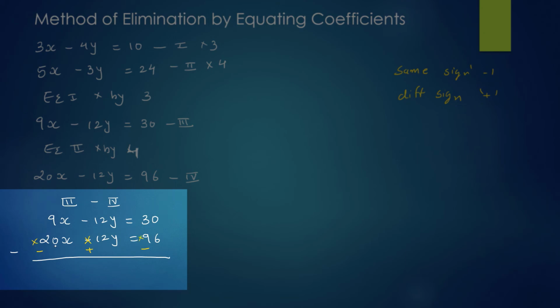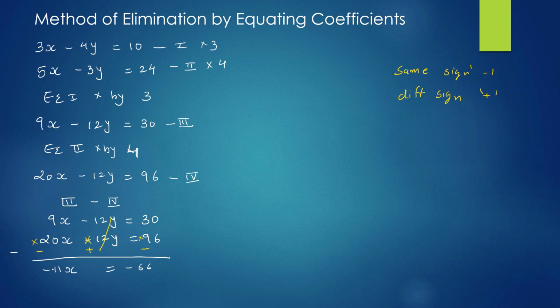While solving the sum, 9x minus 20x comes as negative 11x, the greater number sign. Minus 12y plus 12y will get cancelled, and plus 30 and minus 96 will come as negative 66.